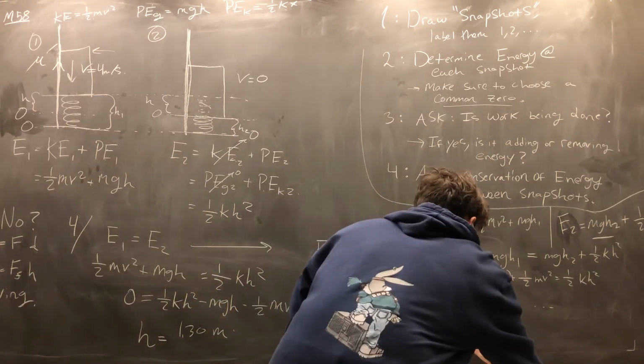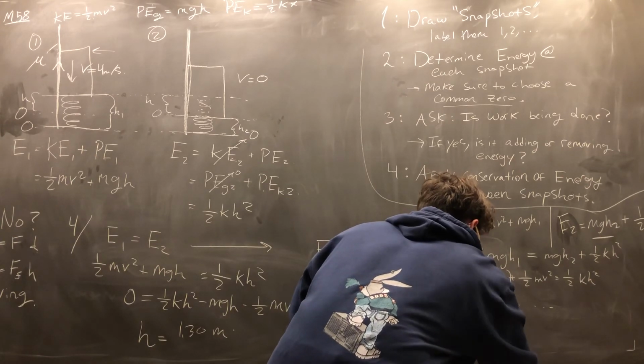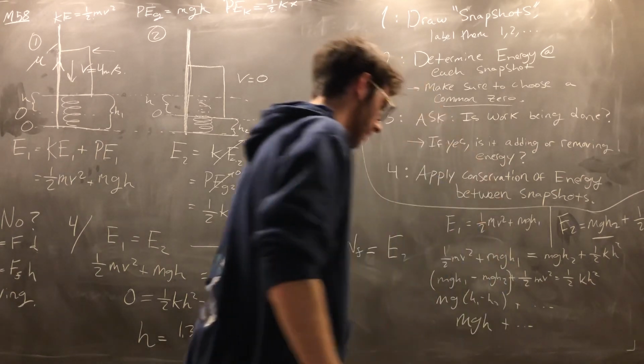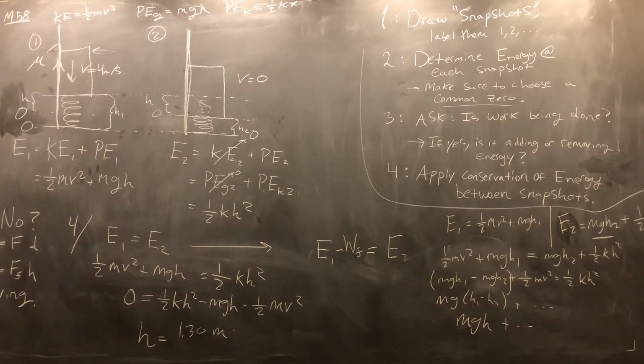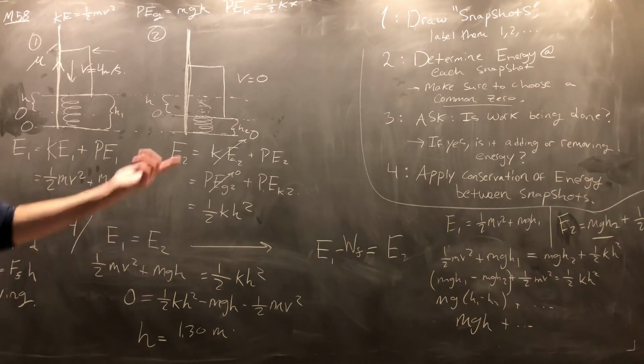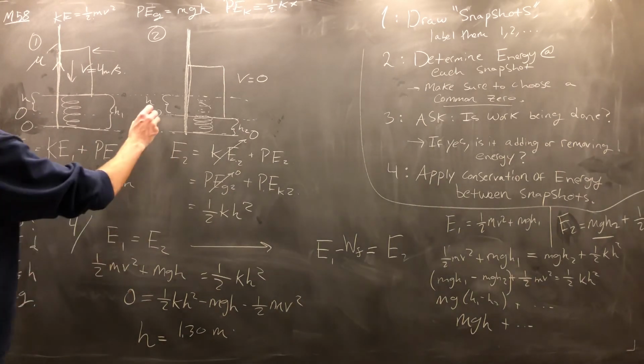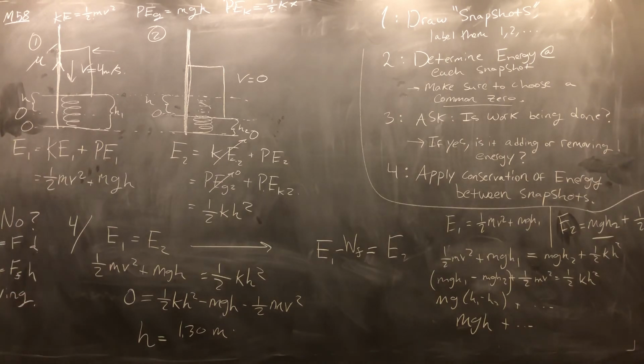So it does indeed reduce to our old equation. But we saved ourselves a little bit of work, I guess not that much, by choosing our origin wisely. So I hope that helped, and I hope you can apply this algorithm to more difficult problems. But yeah, thanks.